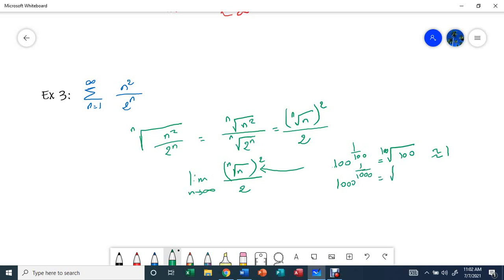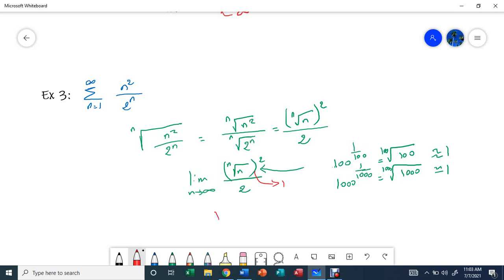Same thing, that's the thousandth root of 1,000, and it's gonna be about 1. As n gets larger, it gets very close to 1. So the limit of the top one is 1.